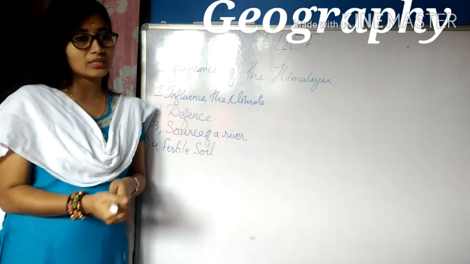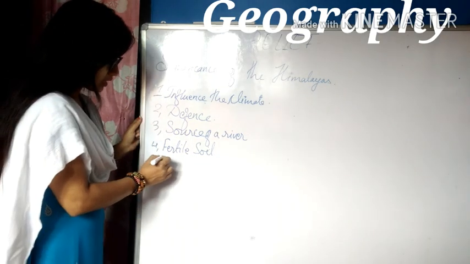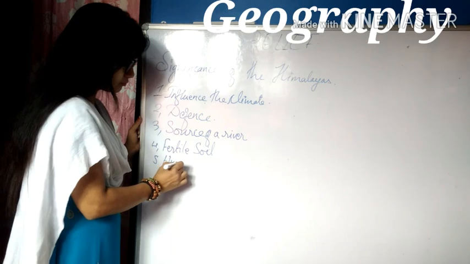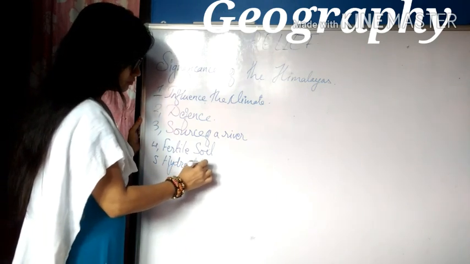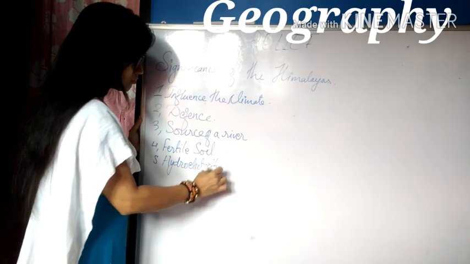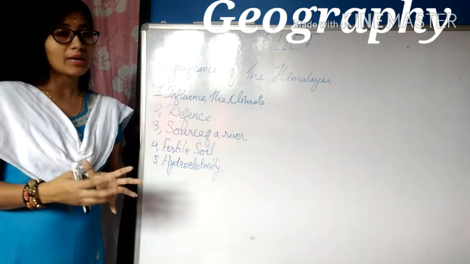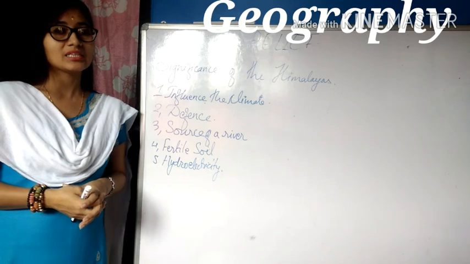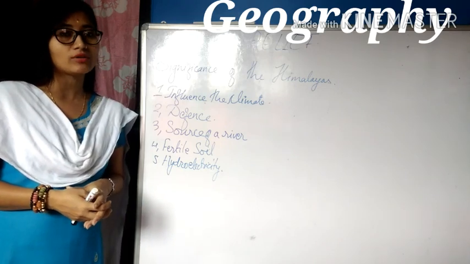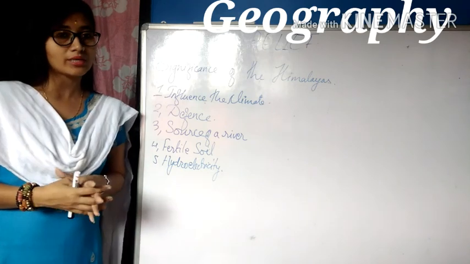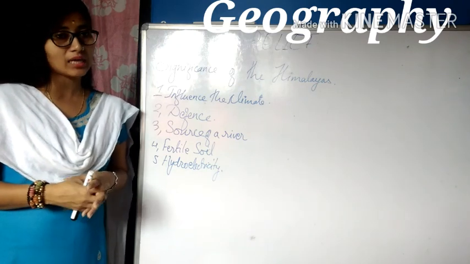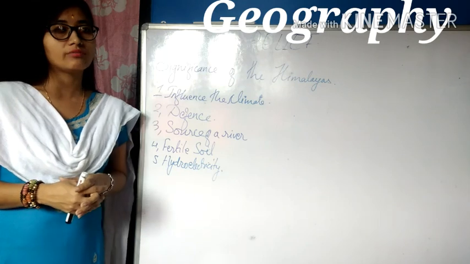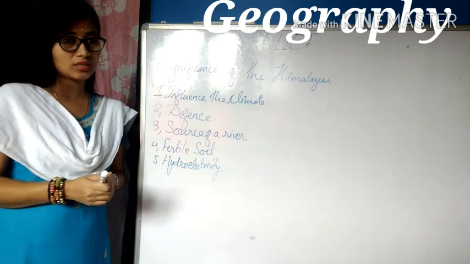Now, the fifth significance that we have is hydroelectricity. The Himalayan region offers several sites that can be used for generating hydroelectricity. Natural waterfalls at certain places and dams constructed across the rivers can be used to generate electricity.